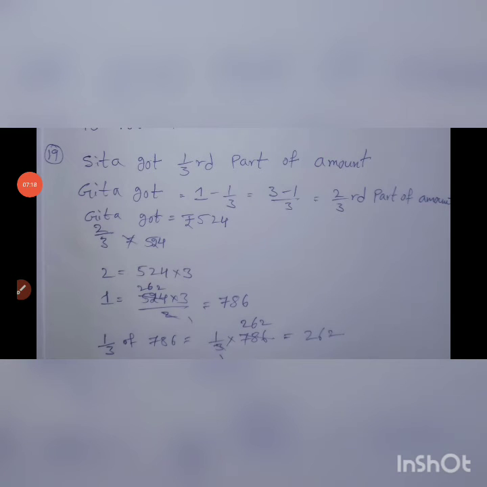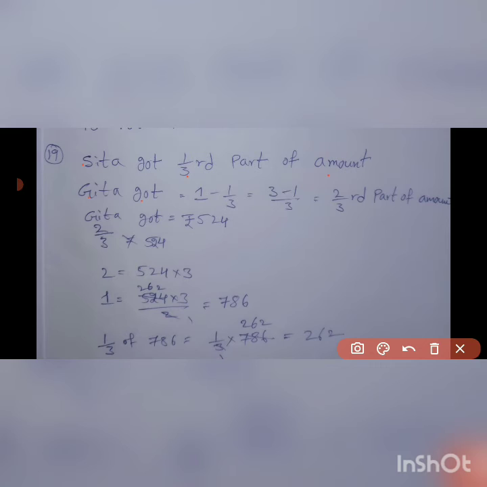Next question. 1 by 3rd part of a certain amount was given to Sita and the rest to Geeta. If Geeta got 524 rupees, what did Sita get? So by the question itself we can say that Sita got 1 by 3rd part of the amount.